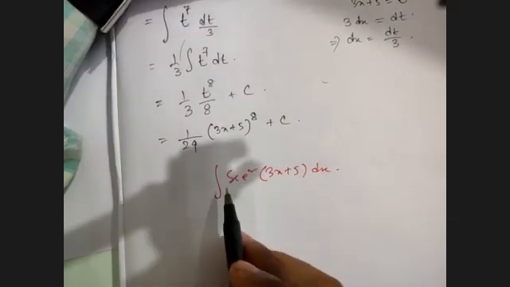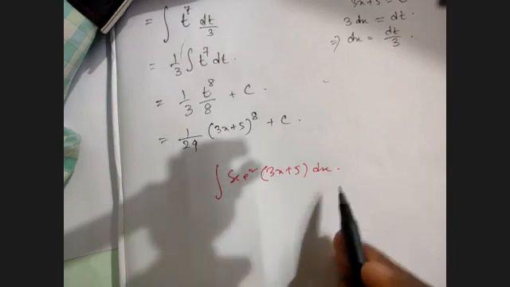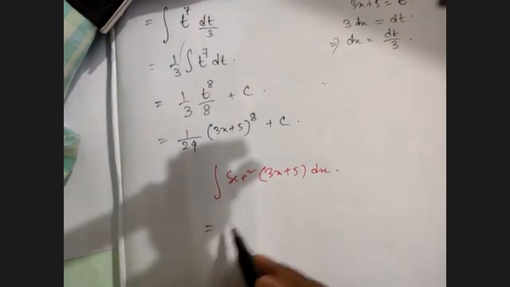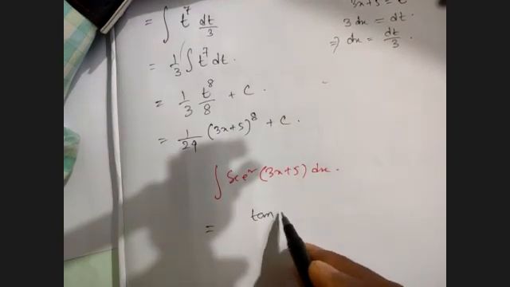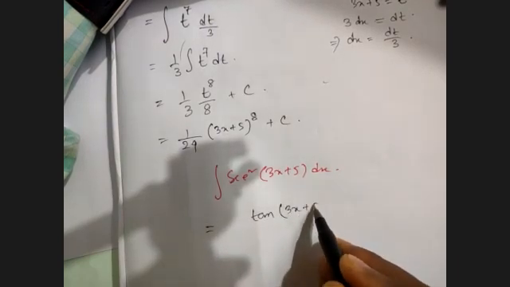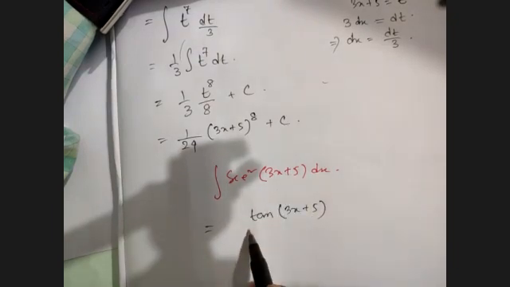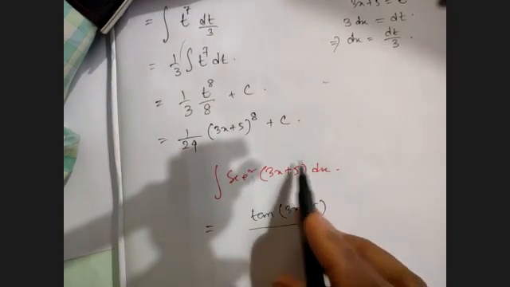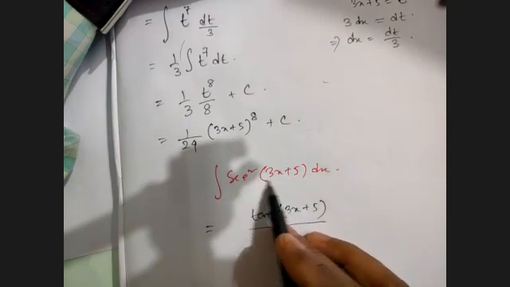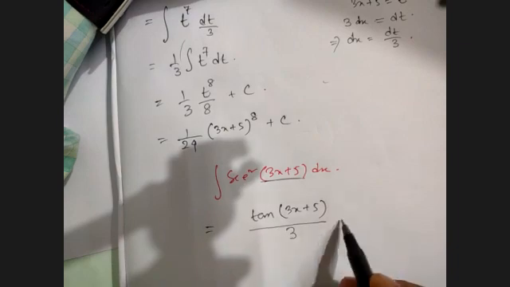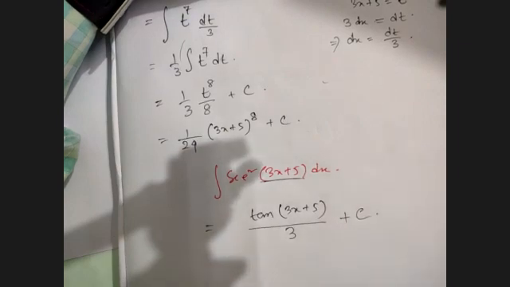What is the formula of integration of sec square x dx? Tan x. So you can directly write tan 3x plus 5, because here the variable is 3x plus 5, but you have to divide it by the differentiation of this, that is d/dx of 3x plus 5 is 3. So this will be the answer.